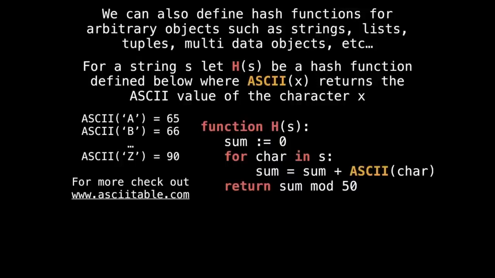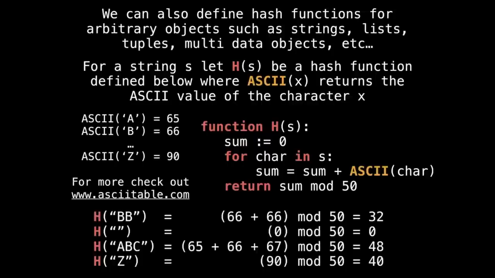So that will, for any given string, just output a number, and that's a hash function. So for example, some simple inputs. So h of bb gets 66 plus 66, and then we mod that by 50, so we get 32. The empty string gets 0 because we don't even execute the loop, and so on. So we've effectively converted a string to a number.